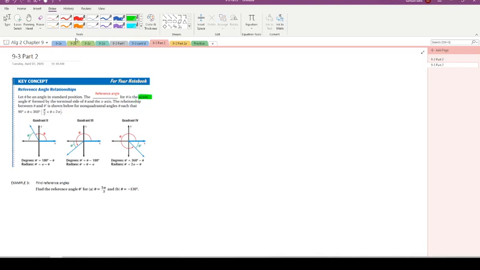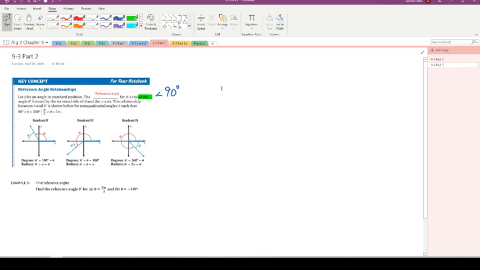Acute. What does acute mean? Well, let's write that down. Acute means less than 90 degrees, right? So just keep that in mind.